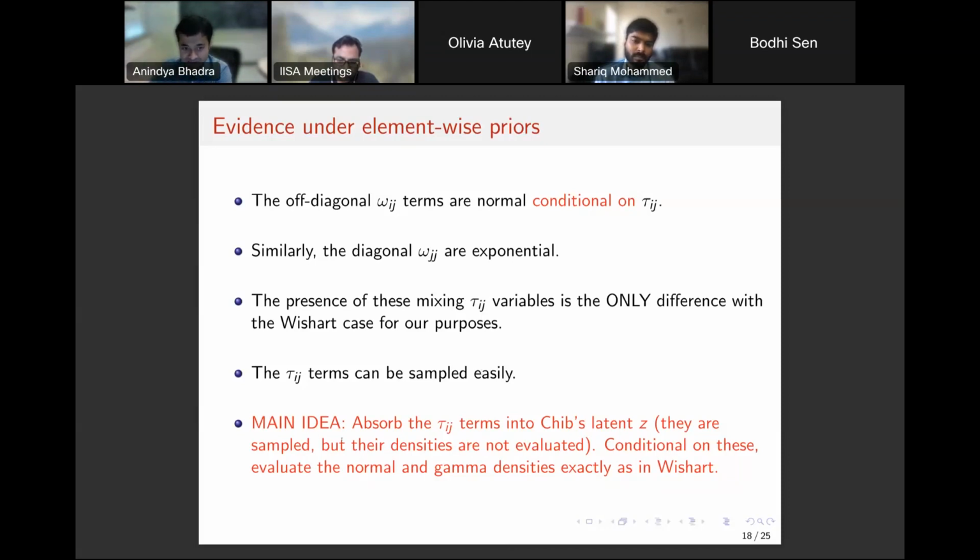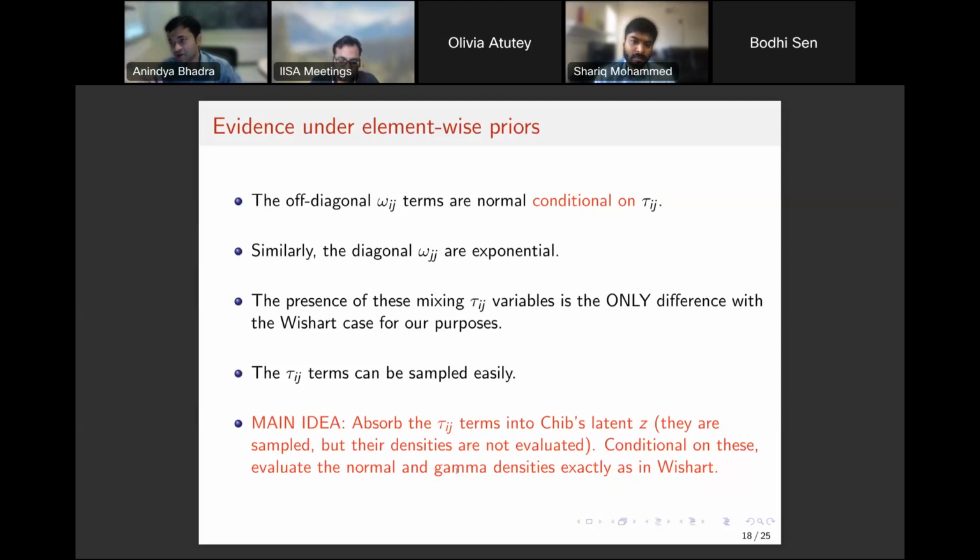So the main idea is that you have these latent mixing variables tau ij, no problem. Just absorb them into the latent part. Meaning we are going to sample them, but we are never going to evaluate their densities. And conditional on them, provided they have been sampled, we are simply going to evaluate the normal and the gamma densities exactly as we did for Wishart. And now you see the benefit.